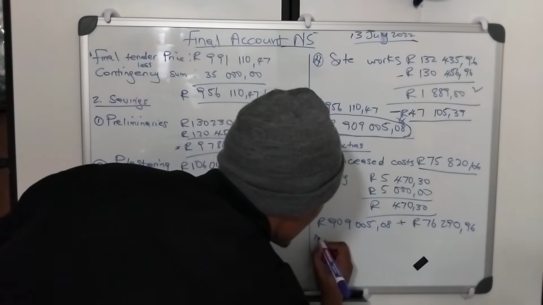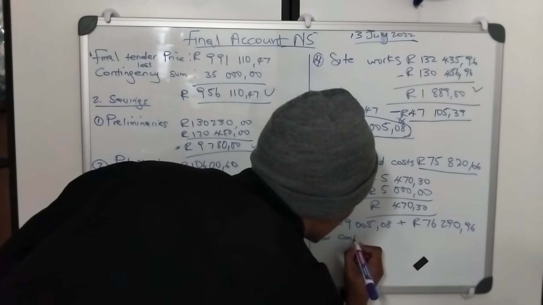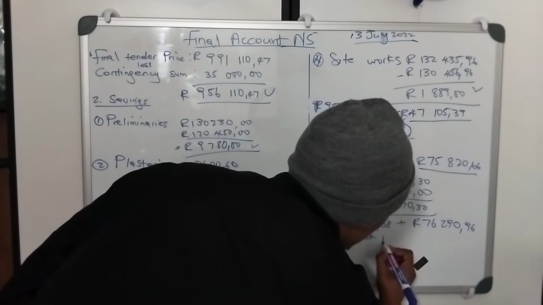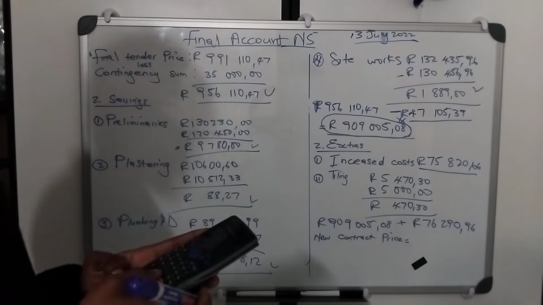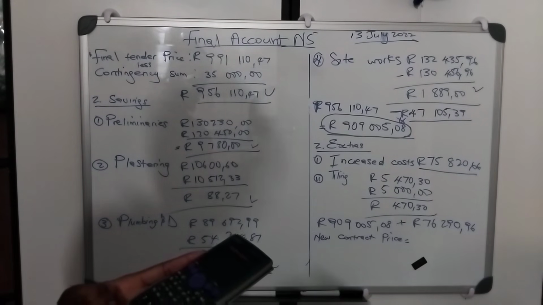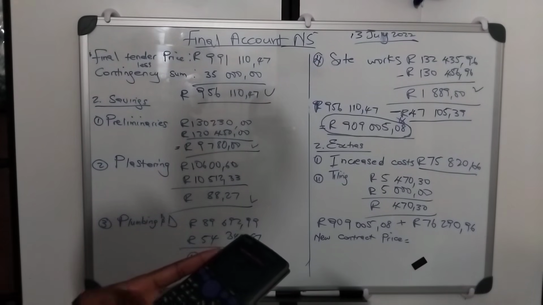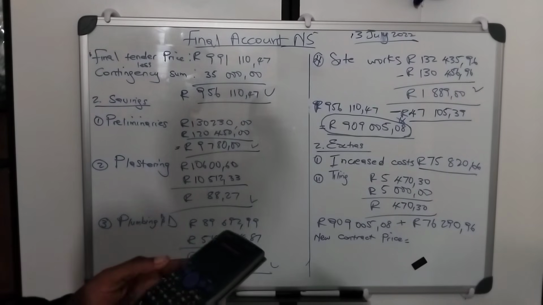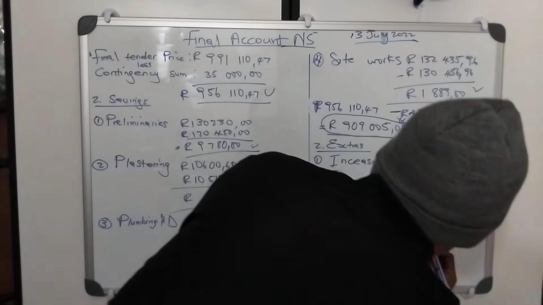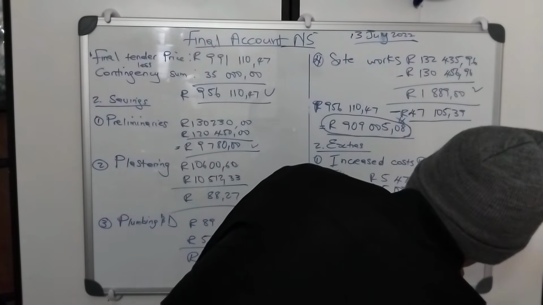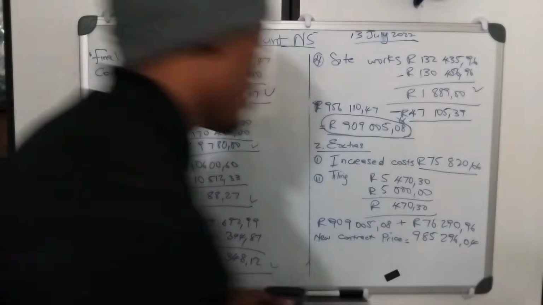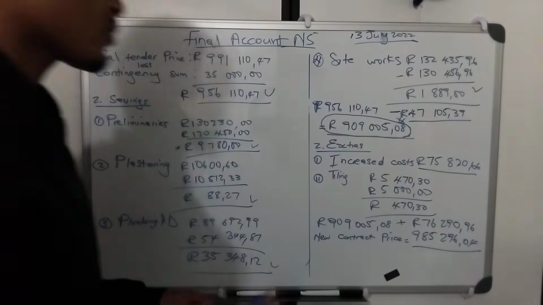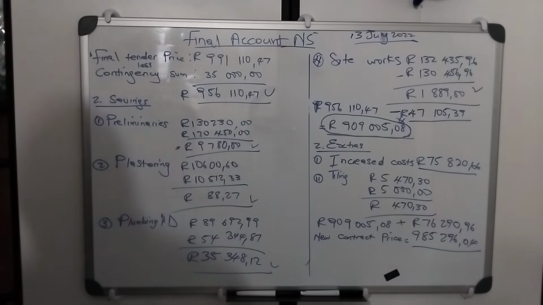Then our new contract price gets to be the answer of these two. So 909,005.8 plus 76,290.96 gives us 985,296.4. After getting your new contract price, now we go to the question.